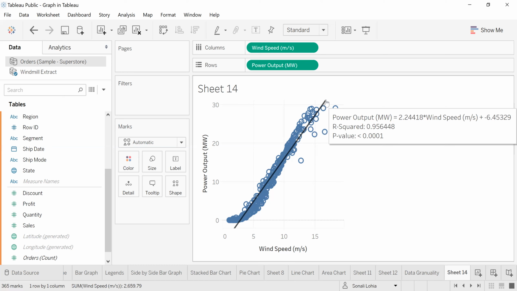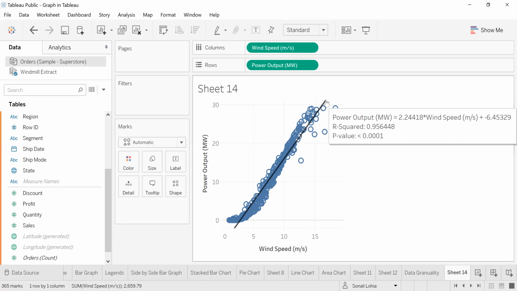So what is the direction here? Slope will tell you the direction. What is the slope here? 2.24418 is the slope. That is m in mathematics, where the equation of a straight line is y = mx + c, and the equation of a straight line is being used here.